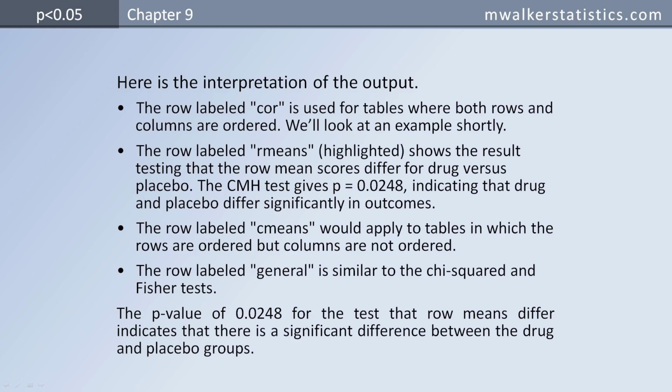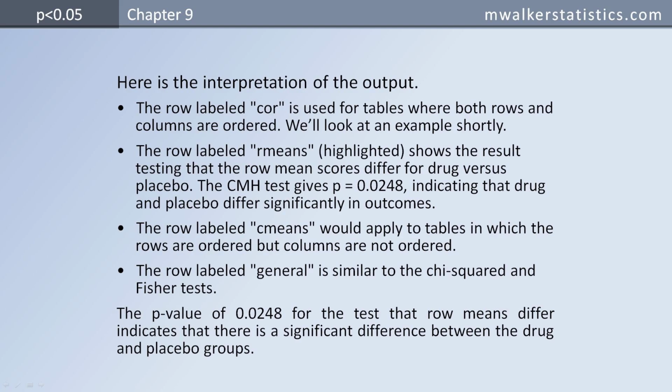We'll look at an example shortly. 2. The row labeled rmeans shows the result testing that the row mean scores differ for drug versus placebo. The CMH test gives p equals 0.0248, indicating that drug and placebo differ significantly in outcomes.